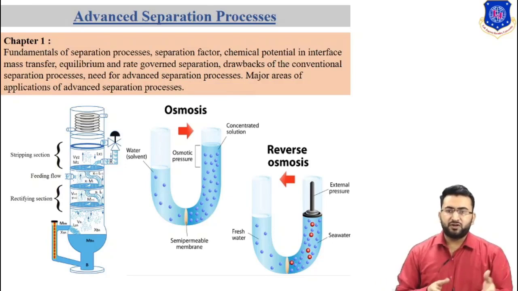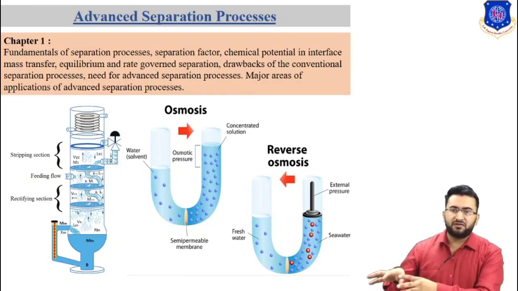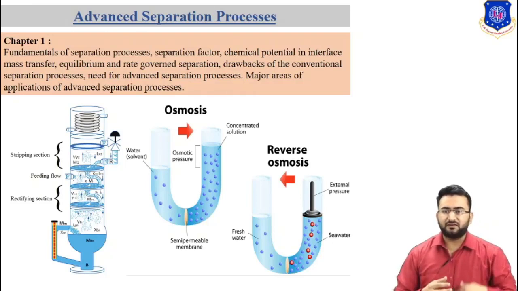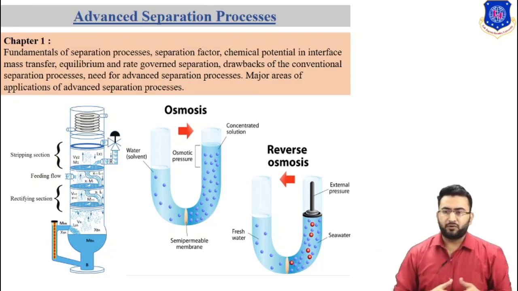If we use a membrane separation process instead of liquid extraction, we can overcome the various cost problems related to liquid extraction. That's why it's needed to develop advanced separation processes. There are various major areas for advanced separation process such as wastewater treatment and other processes.